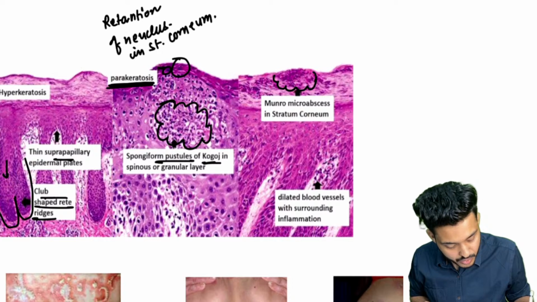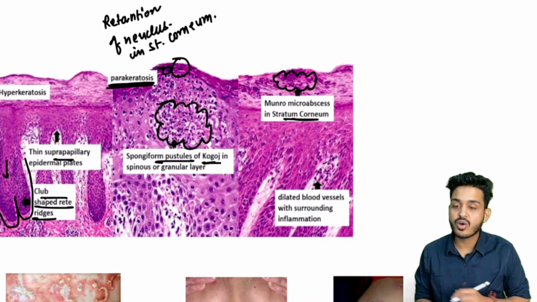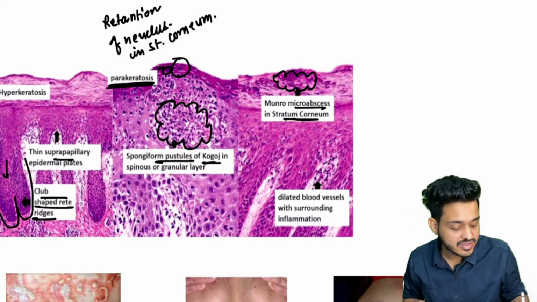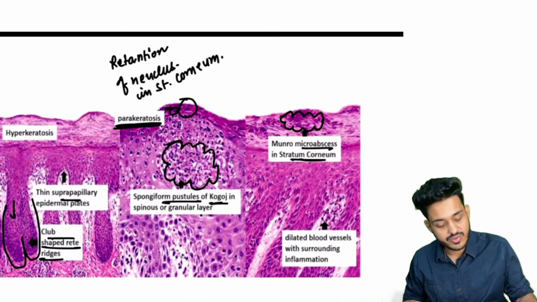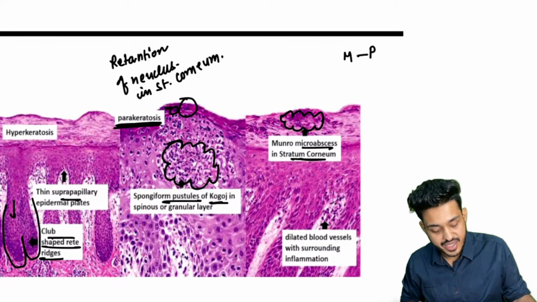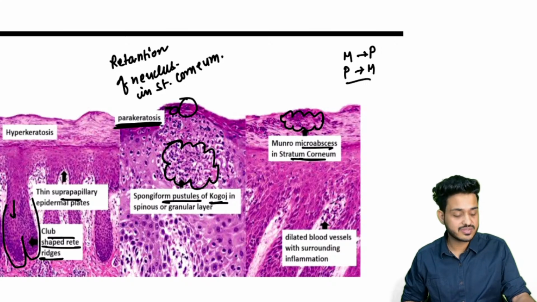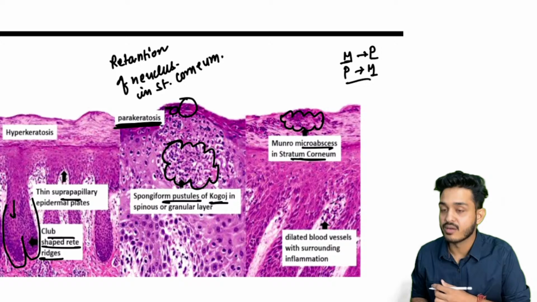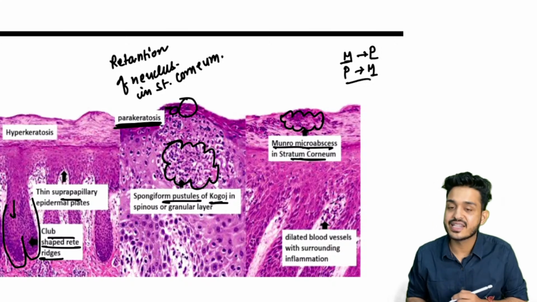We have seen the Munro microabscess in stratum corneum. There will be accumulation of WBCs in the stratum corneum, and that is known as Munro's microabscess. What we have seen, M के साथ में P जाएगा, P के साथ में M जाएगा. Okay, so Pautrier's microabscess will be seen in Mycosis fungoides, and this one Munro's microabscess will be seen in psoriasis.